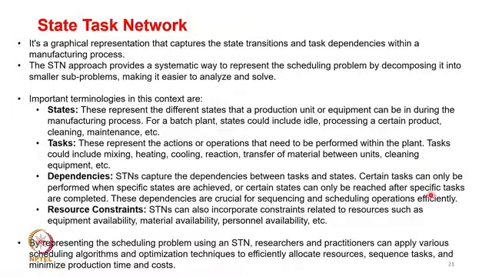And the dependency. The state task network captures the dependency between states and tasks. Certain tasks can only be performed when specific states are achieved, or certain states can only be reached when specific tasks are completed. These dependencies are crucial in sequencing the scheduling operation.